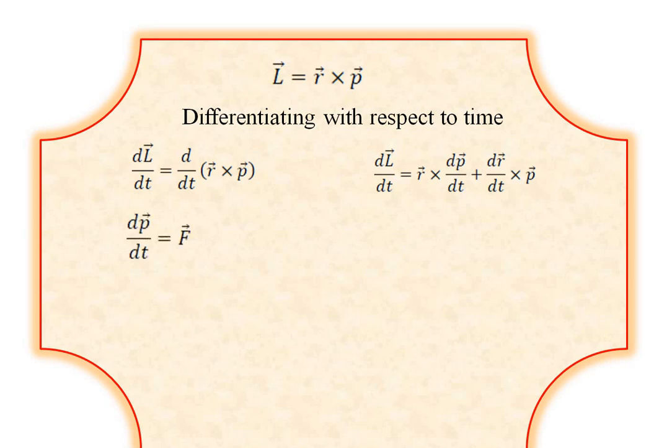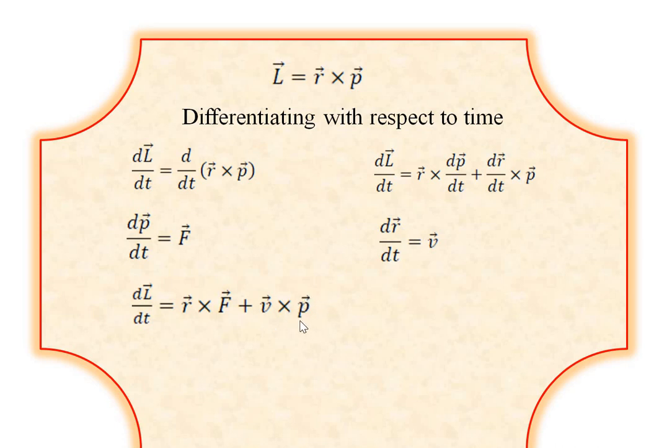We know that force means rate of change of linear momentum. So dP vector by dt is equal to F vector and dr vector by dt is equal to v vector. So putting these values in the equation, we get dL vector by dt is equal to r vector cross F vector plus v vector cross P vector.